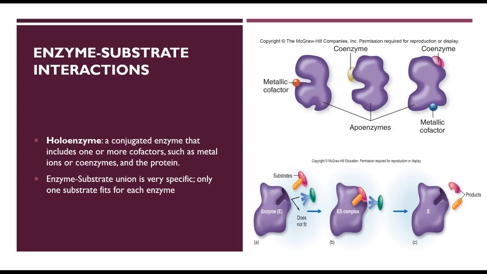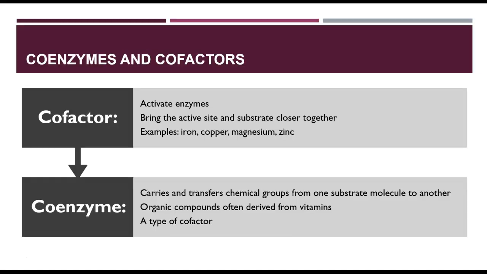So you can see in the bottom right there, we have two different substrates, but only one can bond to that enzyme because it fits the active site, whereas the other one does not fit, so it will not bond to that enzyme. And that's important to know because this reaction is not random, but it's very specific between the enzyme and the substrate.